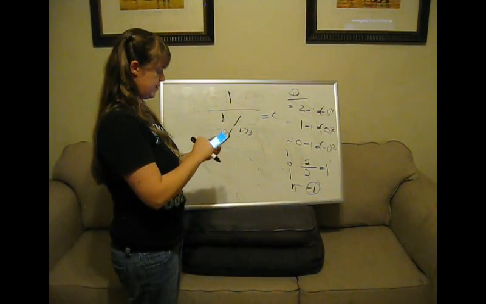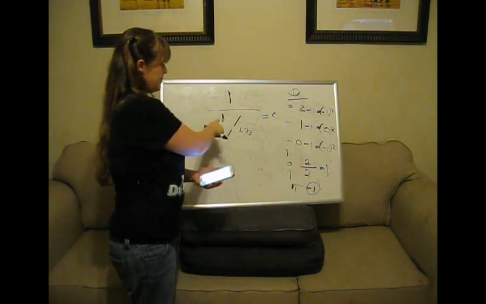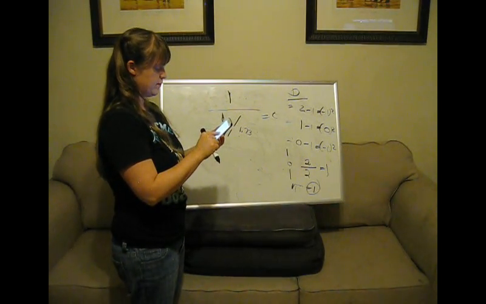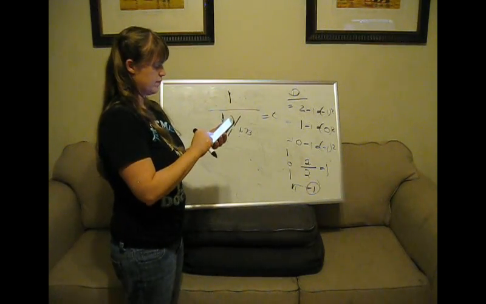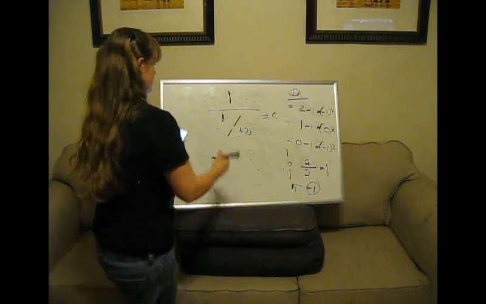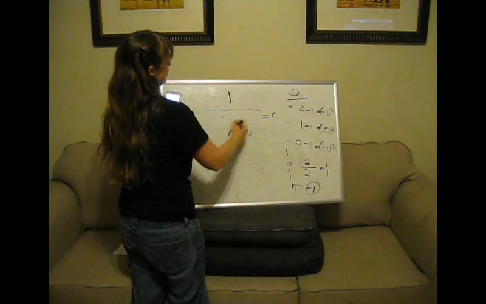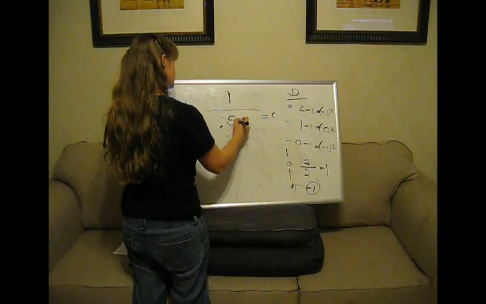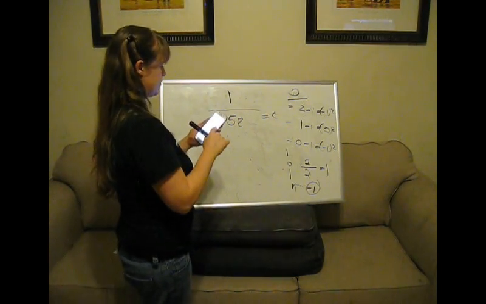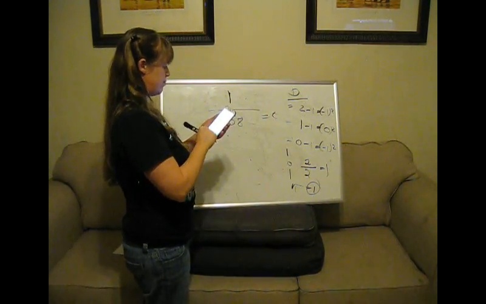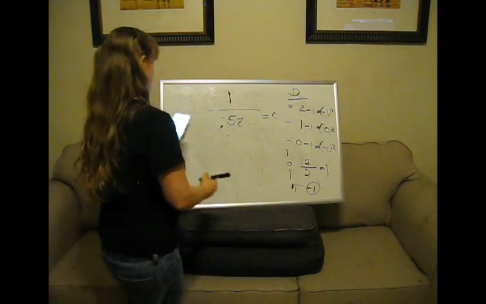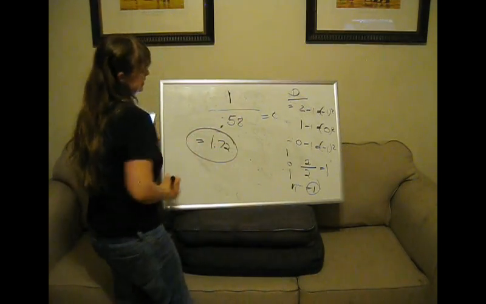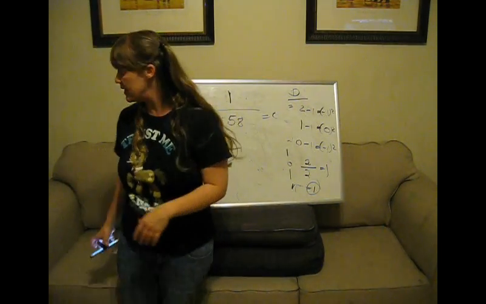And then I take 1 divided by 1.73. So this whole thing becomes 0.58 if I round to 2 places. So 1 divided by 0.58 ends up being 1.72. Now, that is my t-statistic, my observed, obtained, or calculated t-statistic.